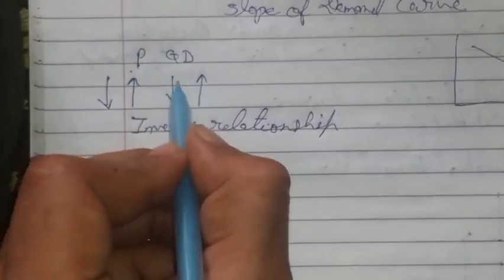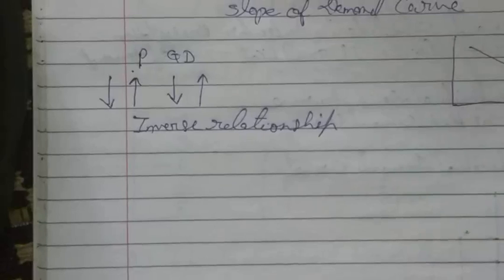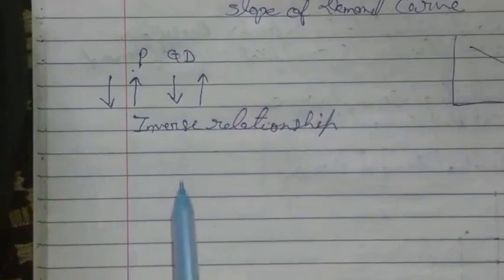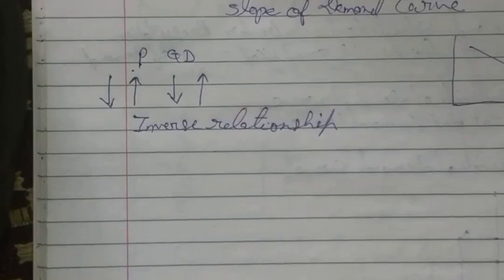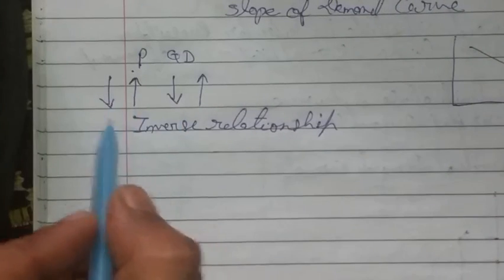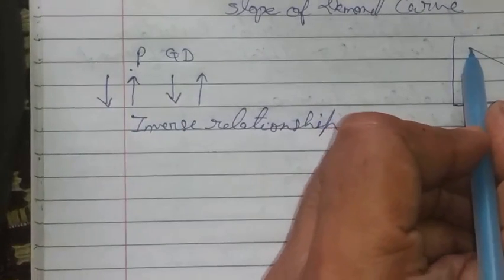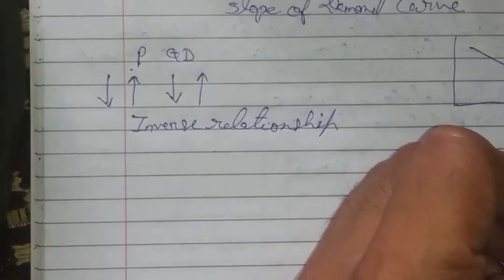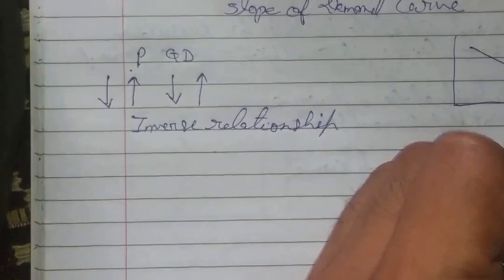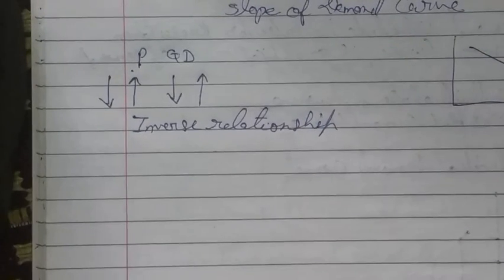They always go in the other direction. If P is going right, the QD will go left. If P is going left, the QD would go right. This is because the demand curve always slopes downward. It never goes up.